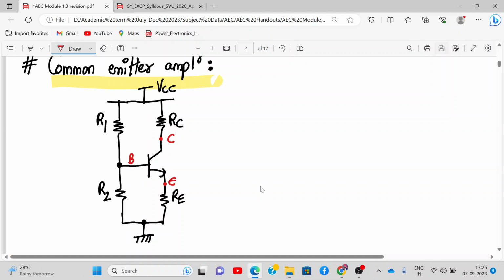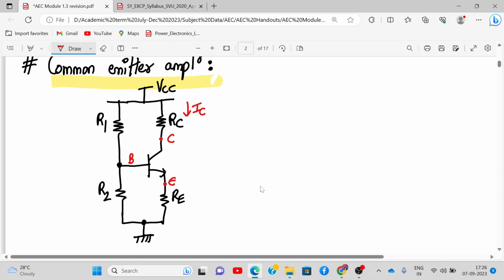Now tell me, for an amplifier, this will have some DC current, right? This will have some current IC, and it will have DC voltage at the collector, emitter, and base terminal. Yes or no? So at the base terminal, you will have a DC voltage VB, the base voltage. At the collector also you'll have DC voltage, and at the emitter also.